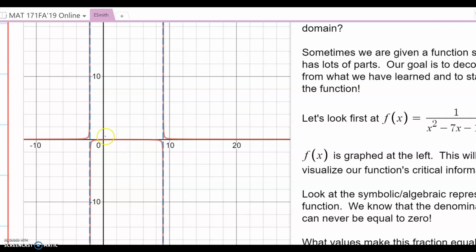This is 0, the origin. Then it goes 2, 4, 6, 8, and 10. The scaling here is 2 on the y-axis.